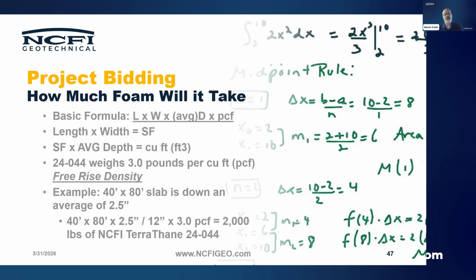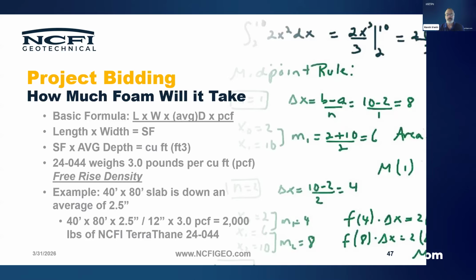So in this case, our 24044 or the 3RH, so it's a 3-pound regular speed hydrophobic system. It's a 3 pound per cubic foot system, and that's free rise density. So if we had a 40 by 80 slab, it's down an average, we figure, of 2.5 inches. That could be void, or that could be lift, or it could be a combination of both.